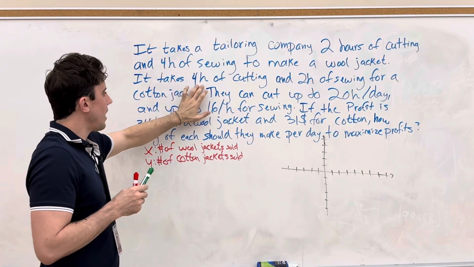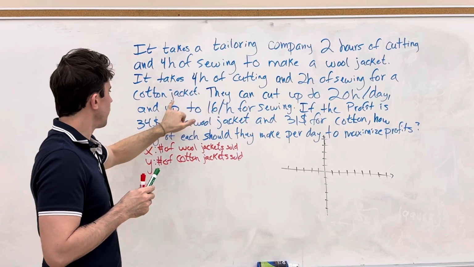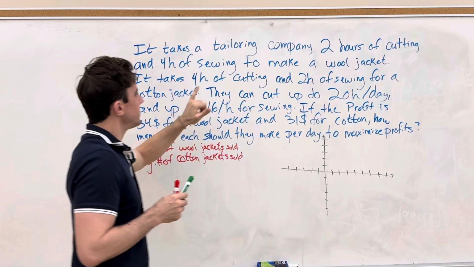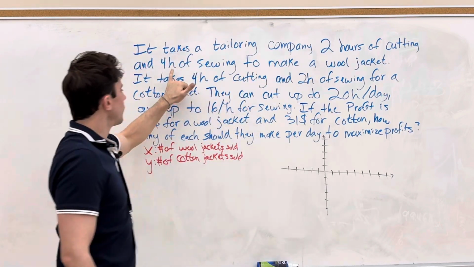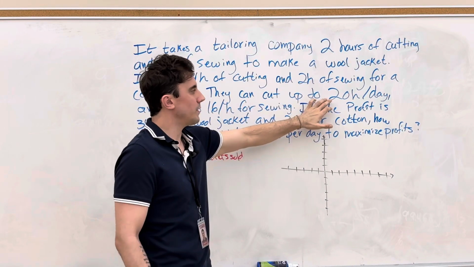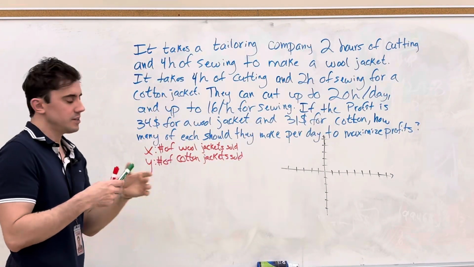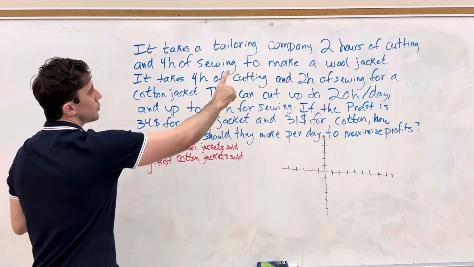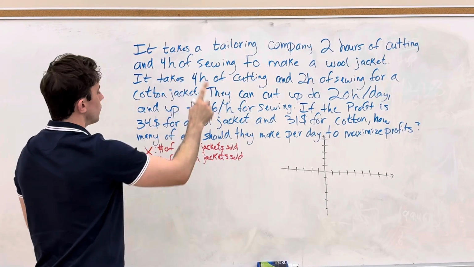It takes 4 hours of cutting for a cotton jacket, and it takes 2 hours of cutting for a wool jacket, and we can only cut up to 20 hours a day all in all. So our first restriction is going to be 2 hours for each wool jacket.